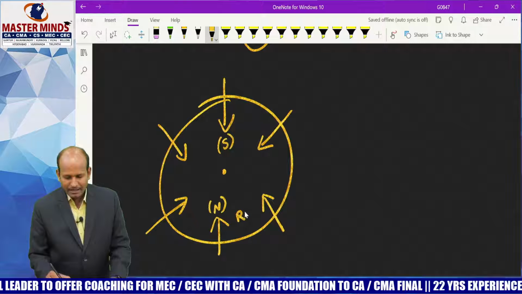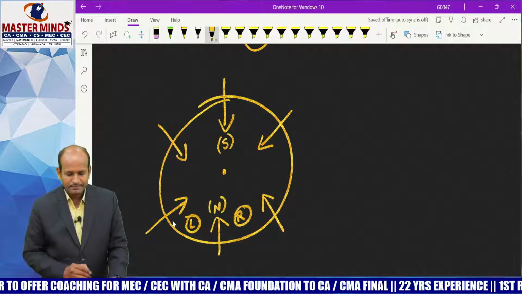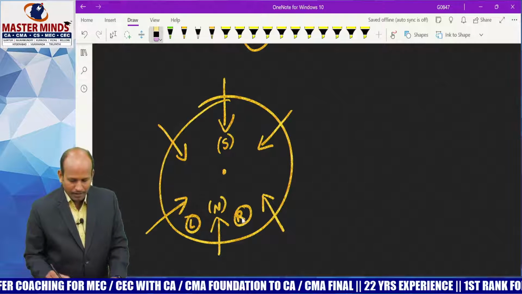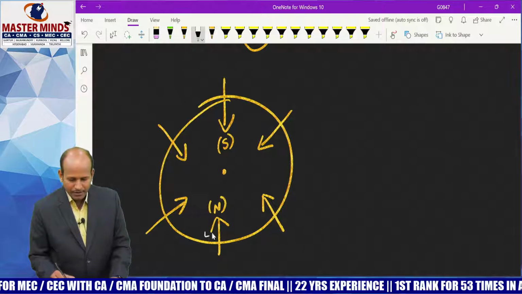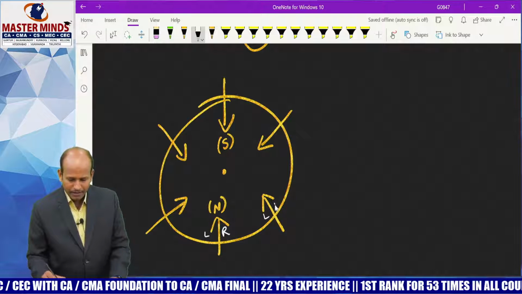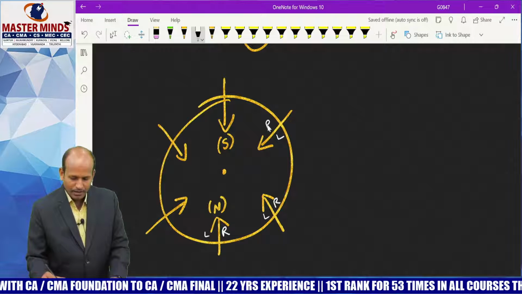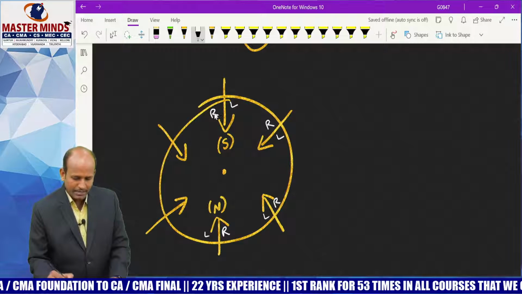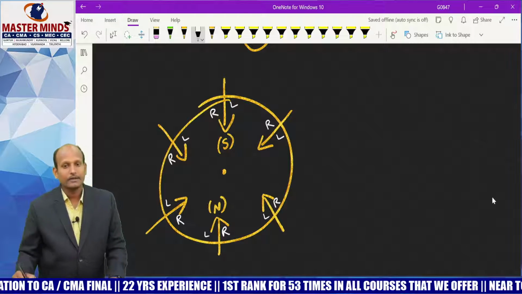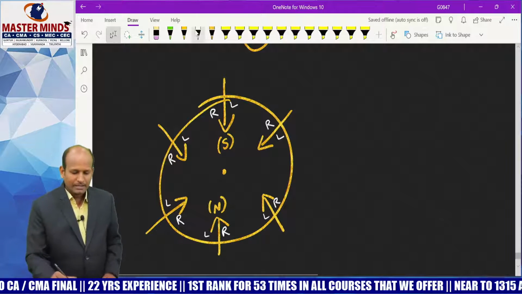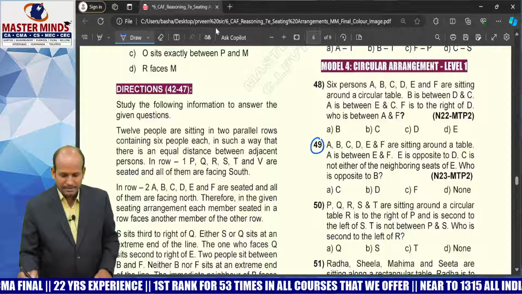He has this right side and this left side. In the same way, each and every person has left and right in the same pattern. So by this we can define the left and right of this arrangement.